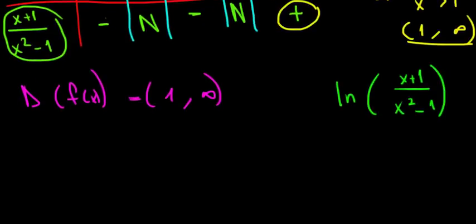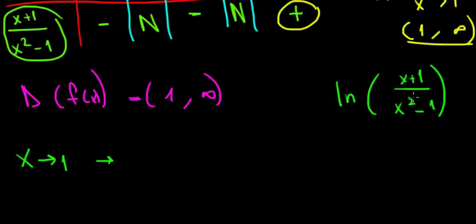If we get a number that's approaching 1 but not taking the value of 1, well, look what happens. We would have a number over here, 1 plus, let's say 1.01, that's 2.01 divided by 1 point something to the power of 2 minus 1.